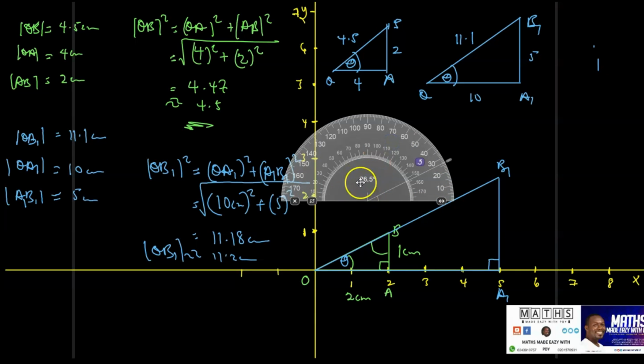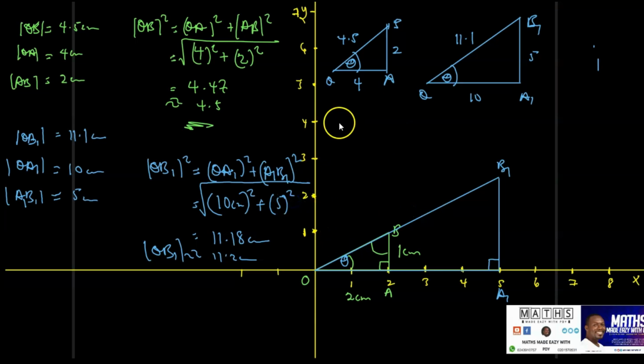What's the reading now? It's like 26.5 degrees, right? So 26.5. Good. So we've seen that angle theta from both diagrams is 26.5 degrees.